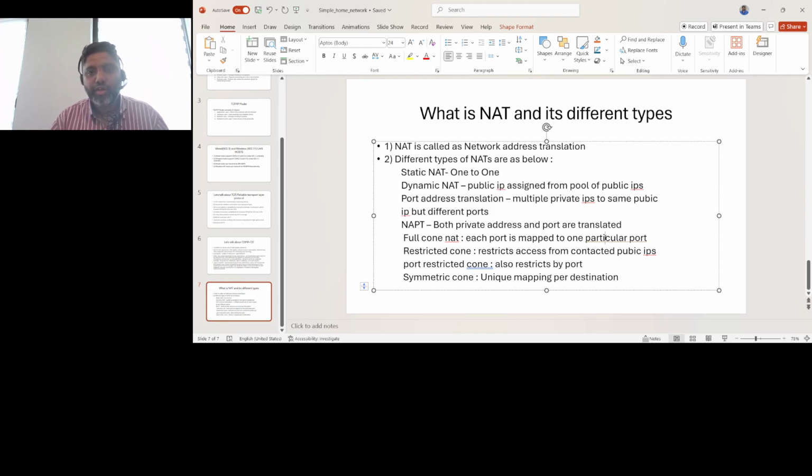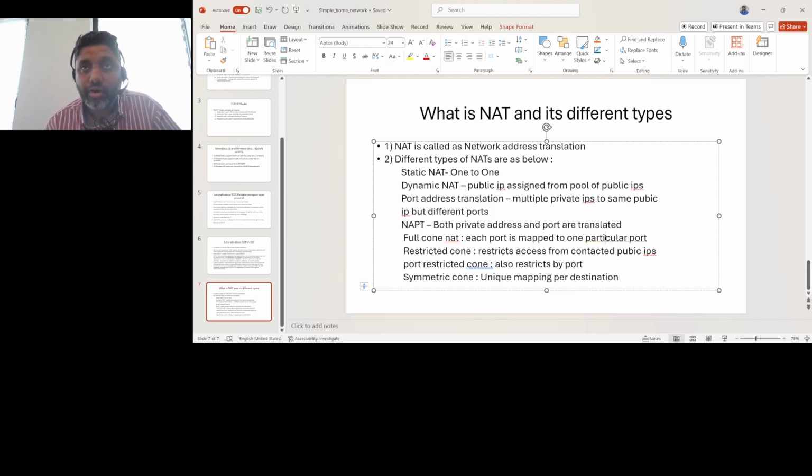That means if from your browser you have contacted a particular URL mapped to a particular IP address, then only that IP address can send packets to you. No other IP address in the ISP backbone can. So attackers, spoofers or hackers cannot leverage this, because there is a restriction on the people who can send packets to you behind the NAT.